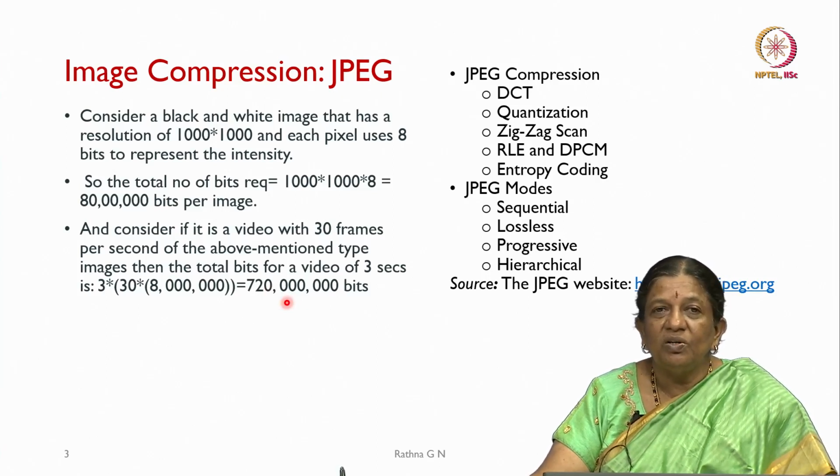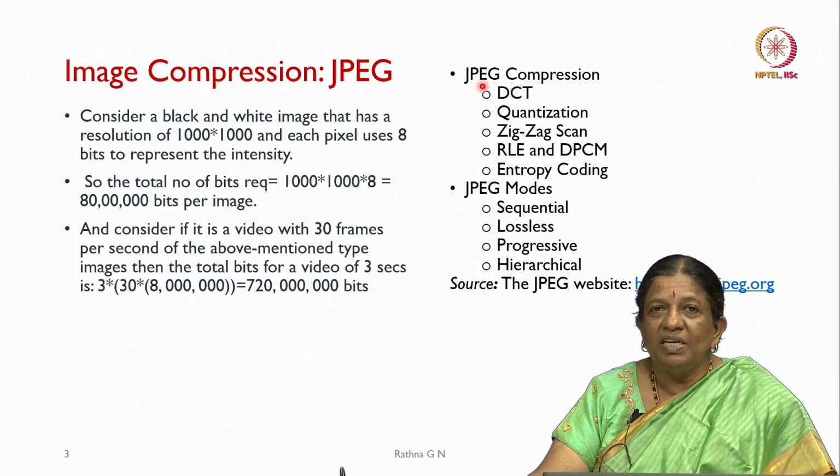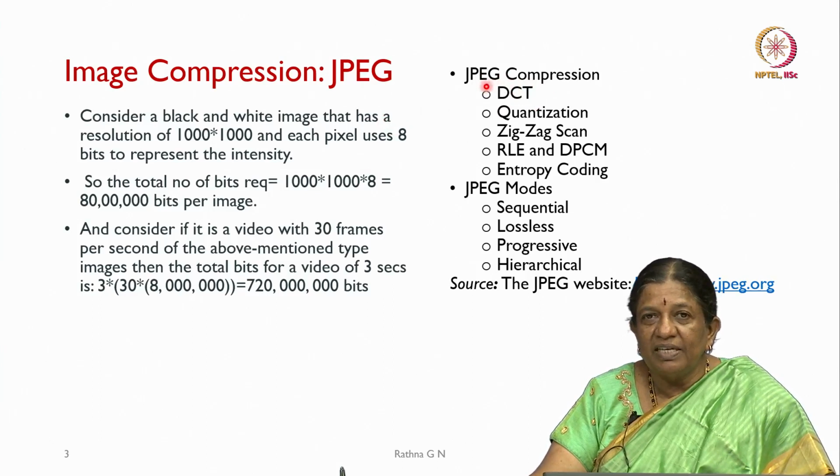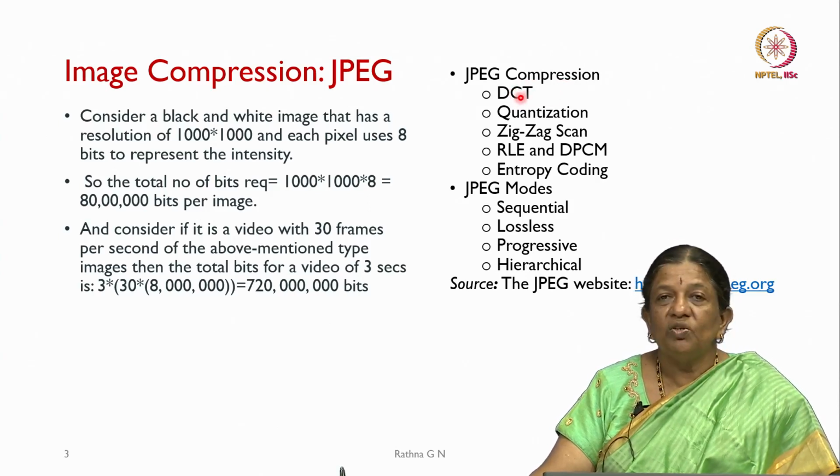For still images, JPEG compression is one of the popular ones. JPEG stands for Joint Photographic Experts Group. What are the steps involved? We know that we need the discrete cosine transform, which is usually used for compression.